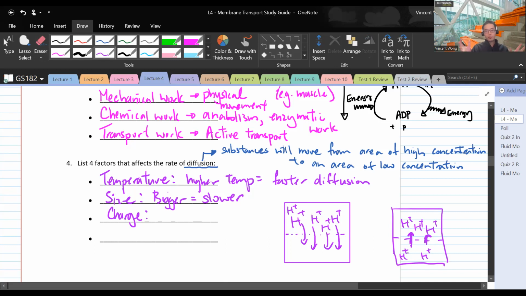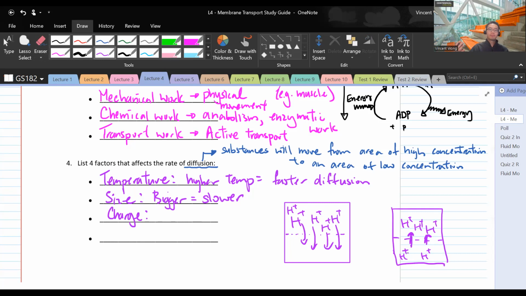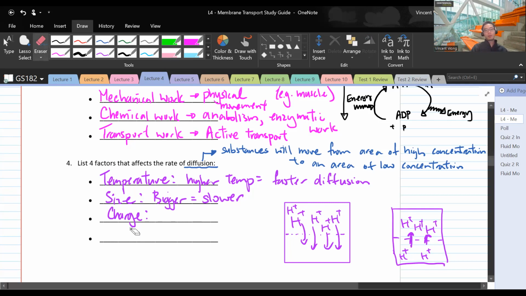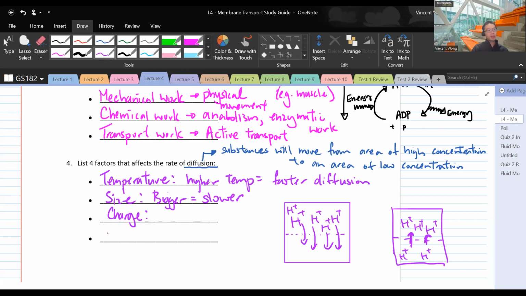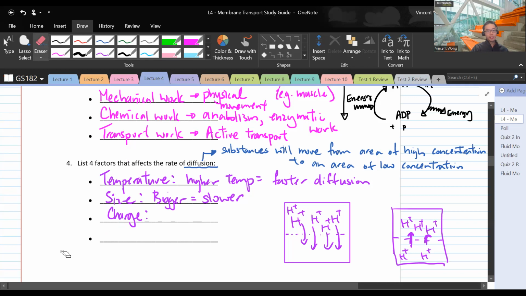Because of the like charge repulsion. So later on, it would kind of slow the process down. So it depends on which phase of diffusion you're talking about. It would have different effects. One last one. Yeah, I mean, it depends on the type of membrane you have as well. But again, that's not something that we have in the notes.